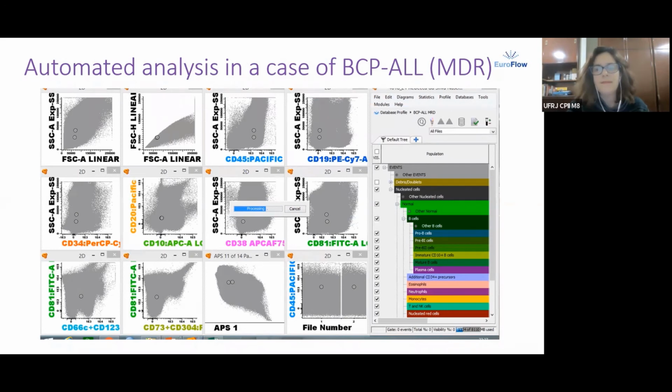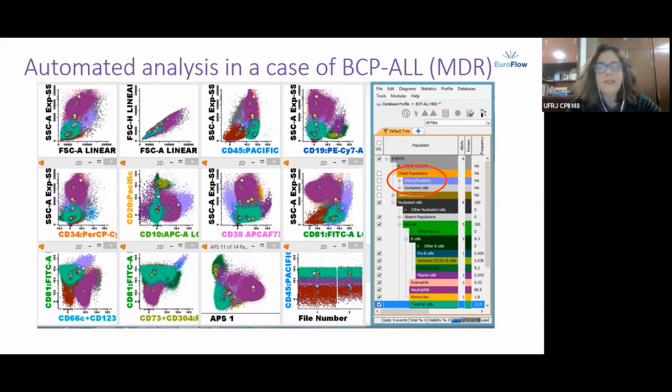We can take a coffee and so on. When it finishes, we have to check some populations. Normally it's a few percent of events to be checked, if everything is okay with the standardized procedures and with the machine and so on.